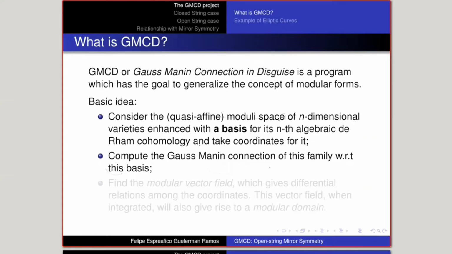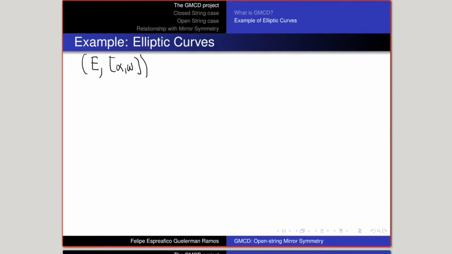So we are going to consider elliptic curves and a basis for the homology. And a very important detail I forgot to tell: we do not consider just any basis, right? We have two important properties we need to consider.